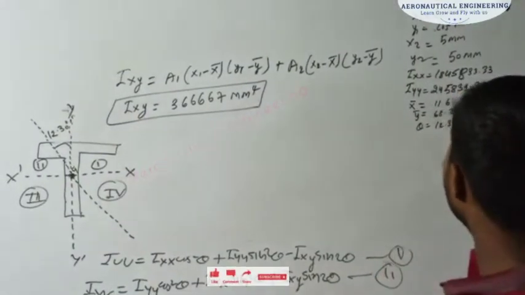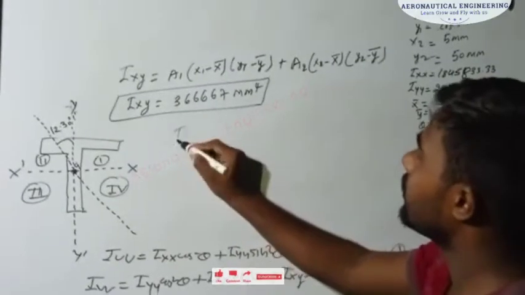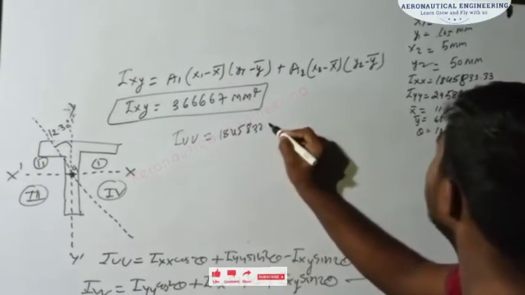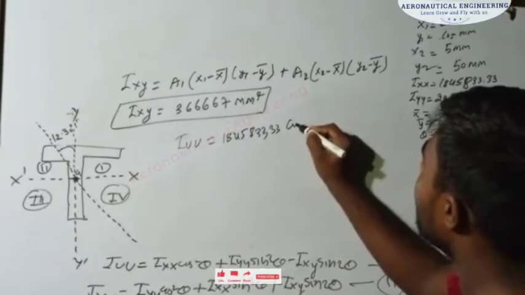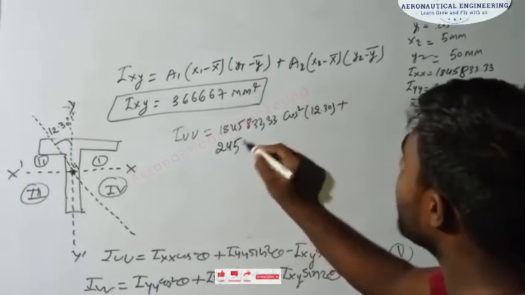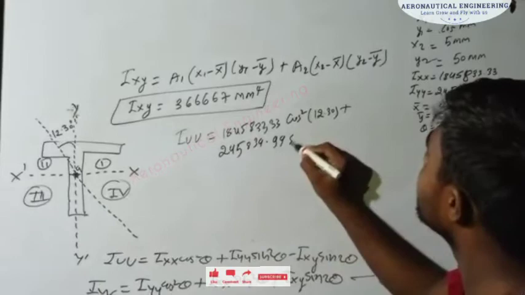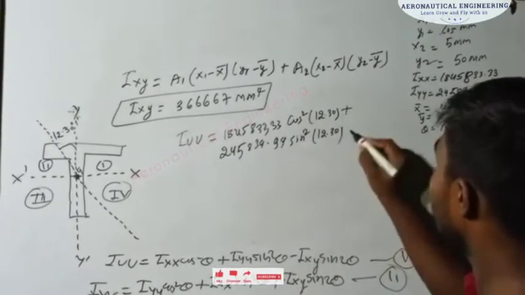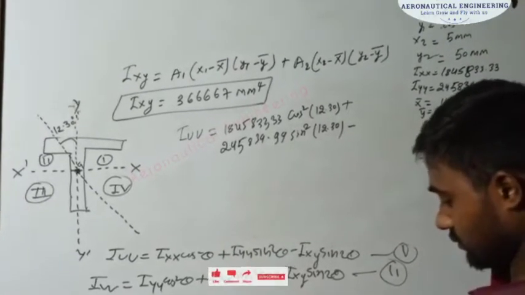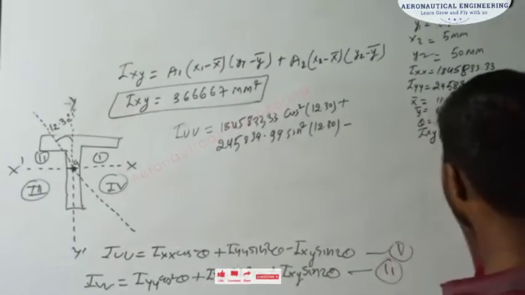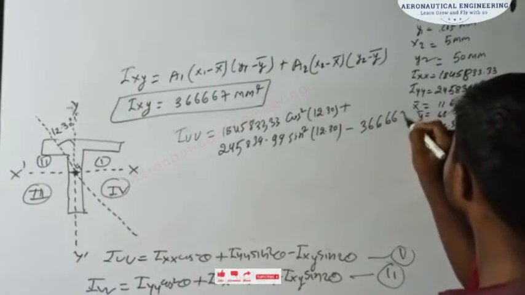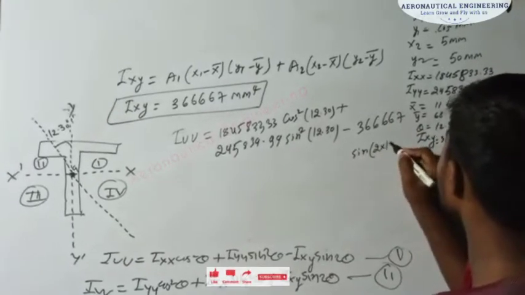Now we substitute all the values in equation first. So IUU equals Ixx, whose value is 1845833.33, times cos square of 12.30, plus Iyy, whose value is 245839.99, times sin square of 12.30, minus Ixy, whose value is 3667, times sin of 2 into 12.30.